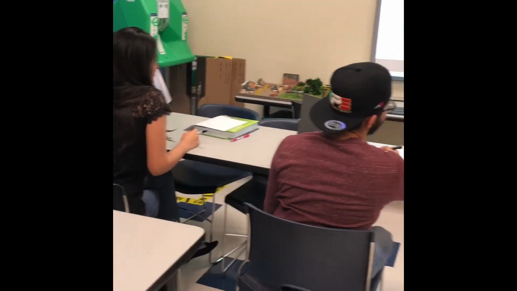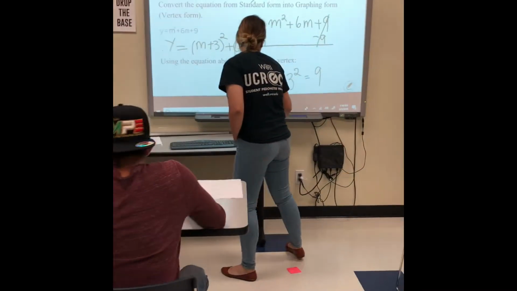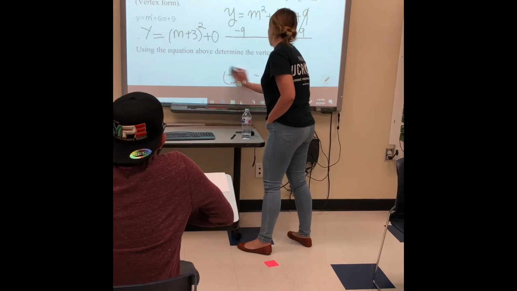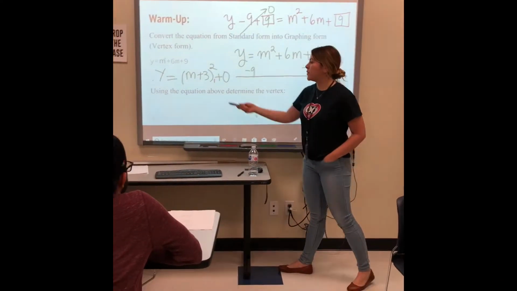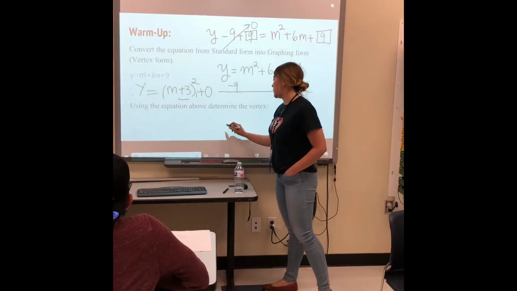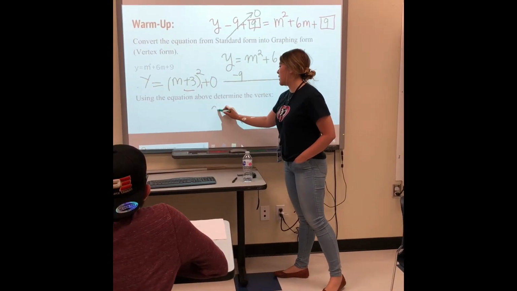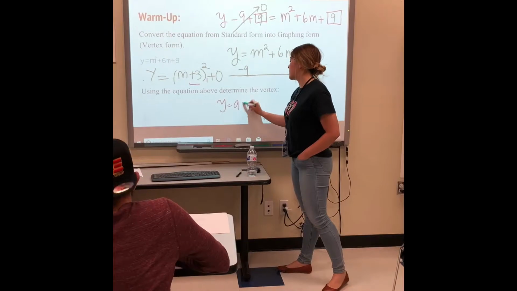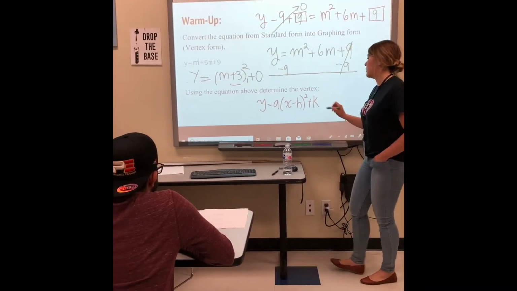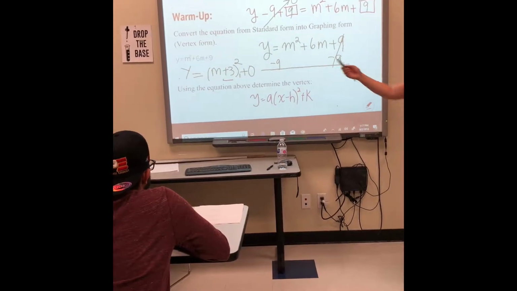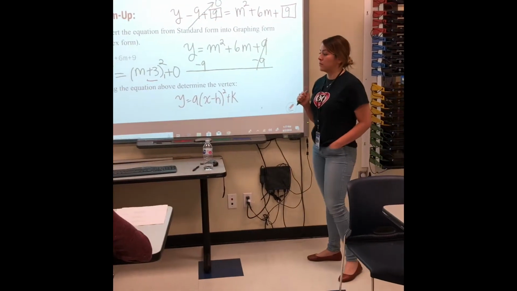Good job. Almost. Okay, so the vertex for this problem should have been... it's really easy once you have it in graphing form. All you have to do is take the opposite of that value, so let me write the graphing form again for you guys: squared plus k. So what's my h value for this one? 3.